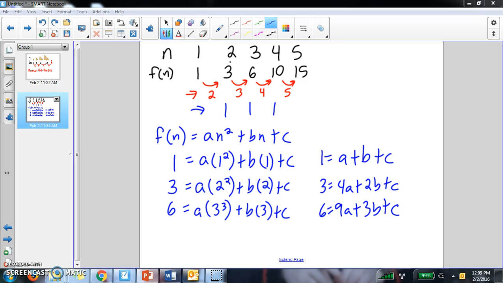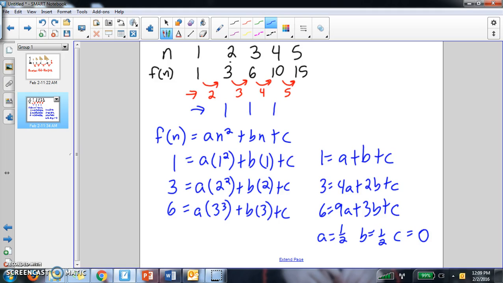Now I have a system of equations that I can use to solve, and you can go through using any of the methods you want for systems of equations, and what you end up with is that your a value will equal 1/2. You'll end up with b value equaling 1/2, and then that leaves you with a c value equaling 0.